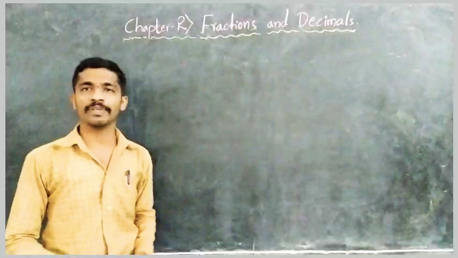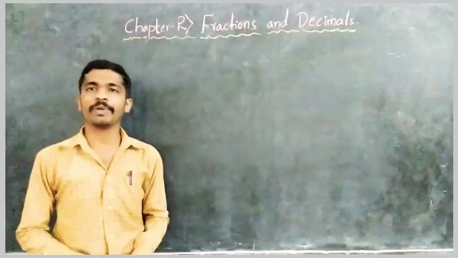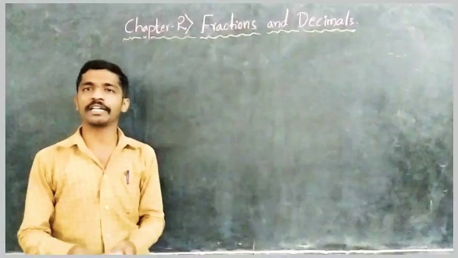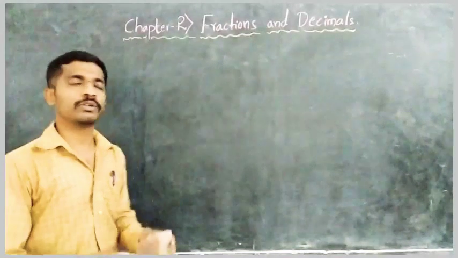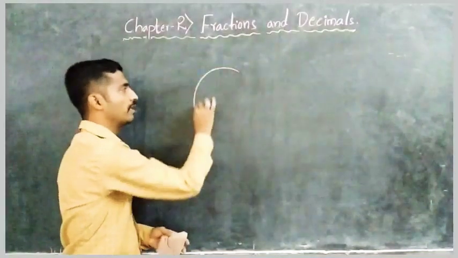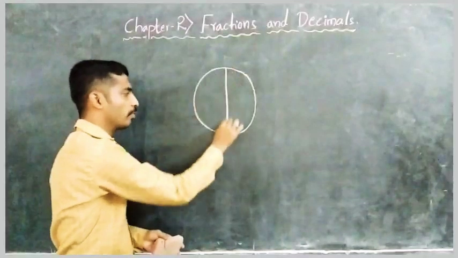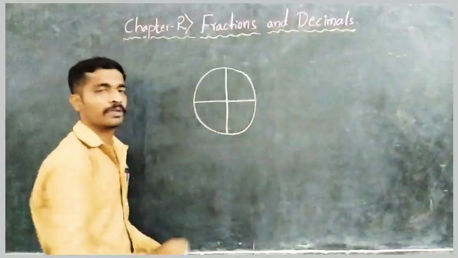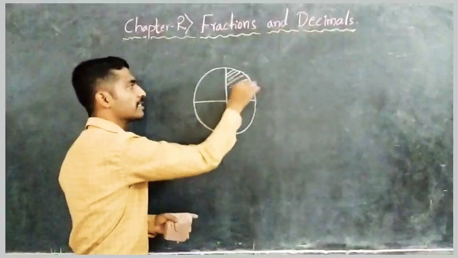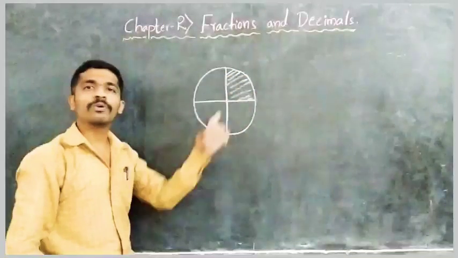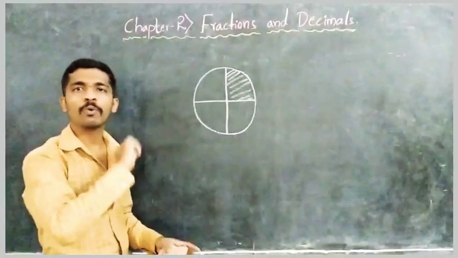Fractions and decimals. First, we should know about the fractions. So, what do you mean by fraction? Fraction is the representation of a part from the whole thing. So, if I take one pizza and make 4 parts, and I eat 1 part, out of 4 parts I am eating only 1 part.